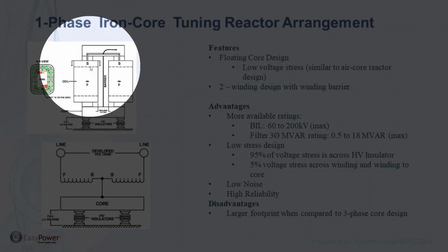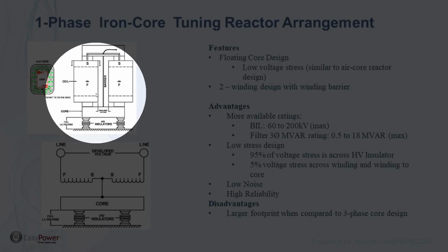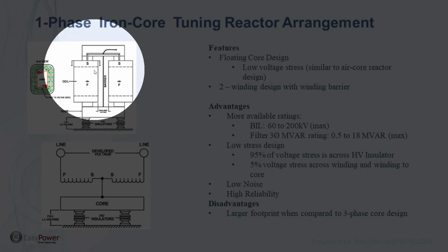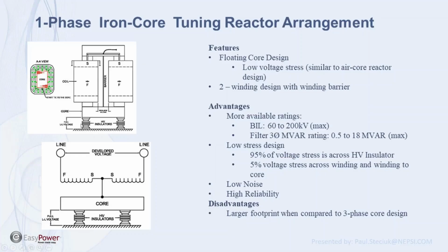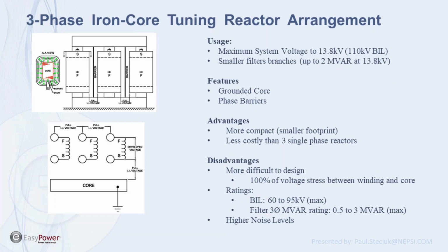So typically that's almost low voltage. For a 5th tune reactor at 13.8, that might be just 300 volts. So it's very small. So if we do that, most of the voltage stress is across the insulators here, and therefore very easy to design for, and it makes for a very inexpensive and very reliable harmonic filter reactor.